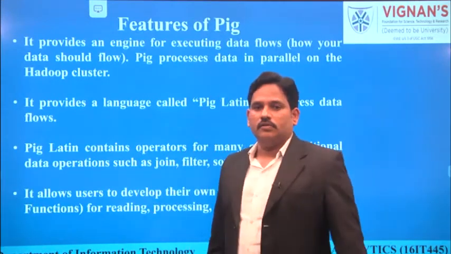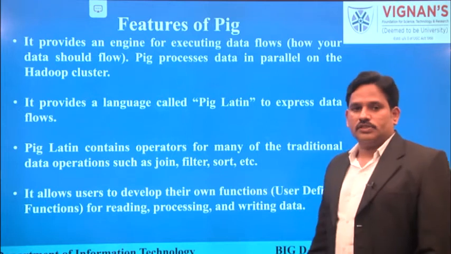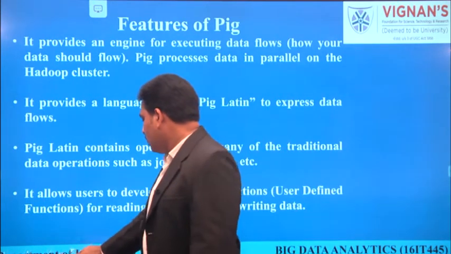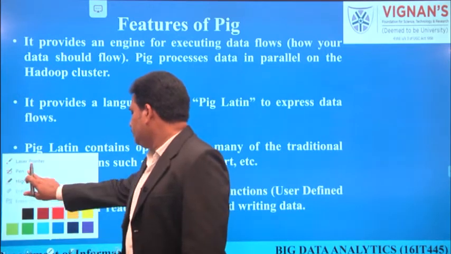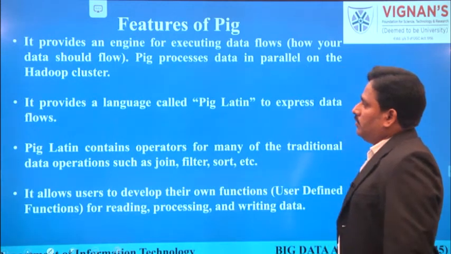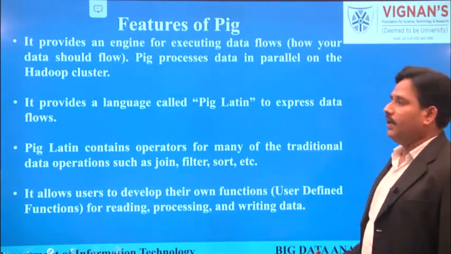Next we will see the features of Pig. That means what are the basic features offered by the Pig environment. Pig will act as an engine for executing data flows.